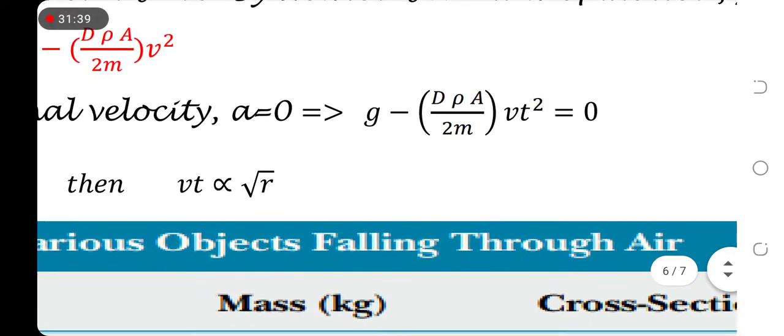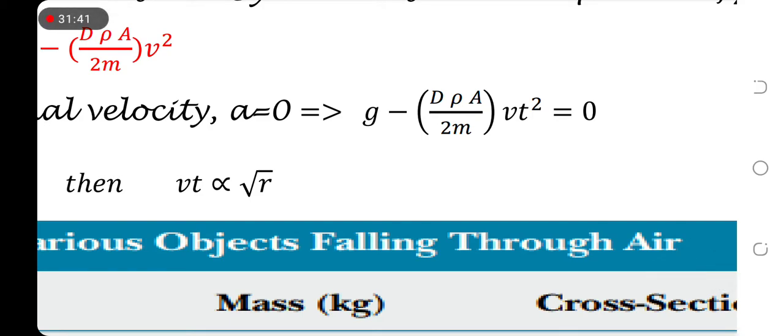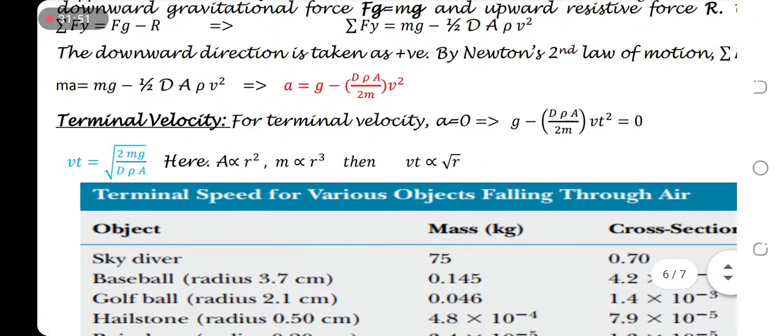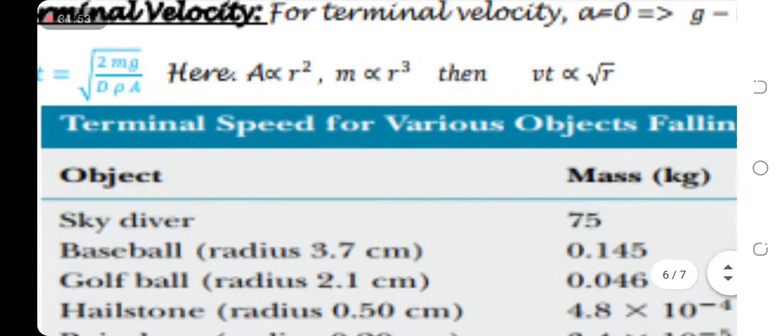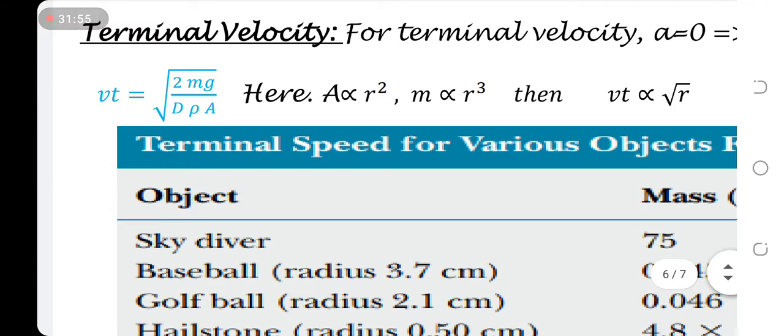From the above equation, if we put a equal to 0, then we get g minus D rho A over 2m into v square equals 0. So we can summarize the velocity as vt equals square root of 2mg over D rho A.